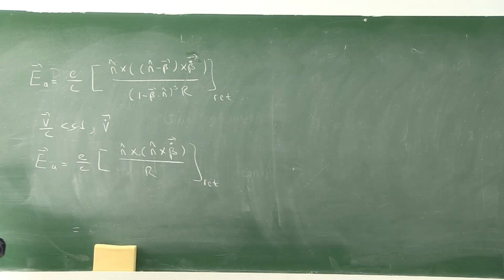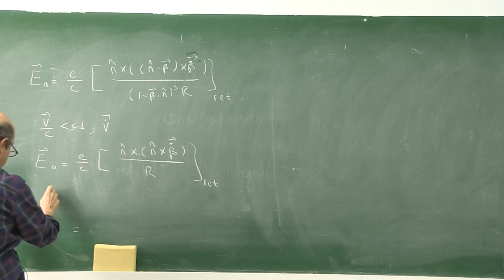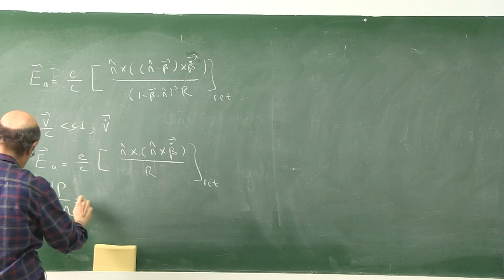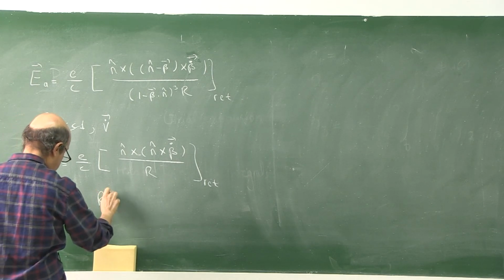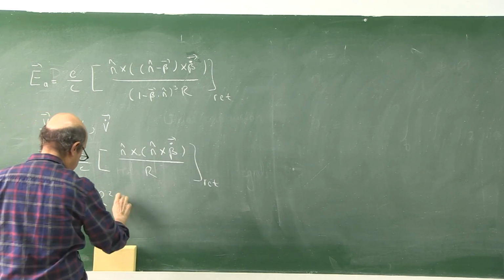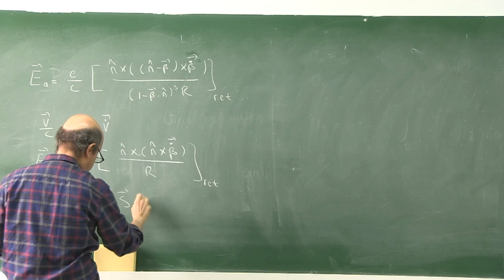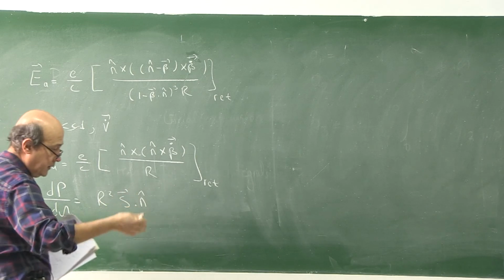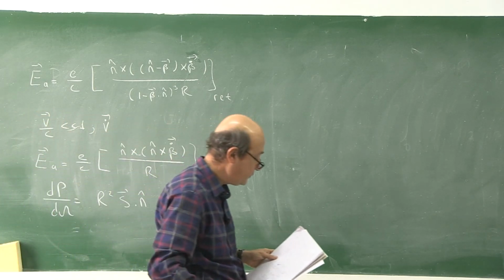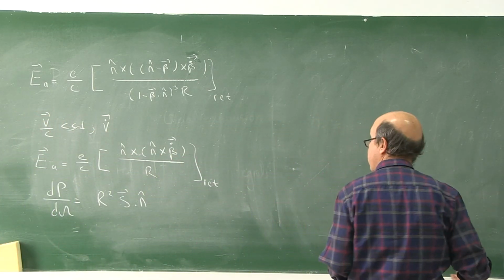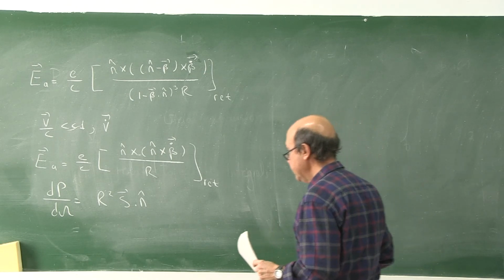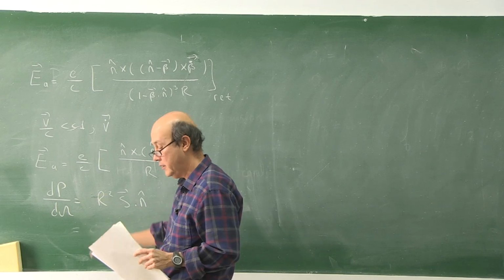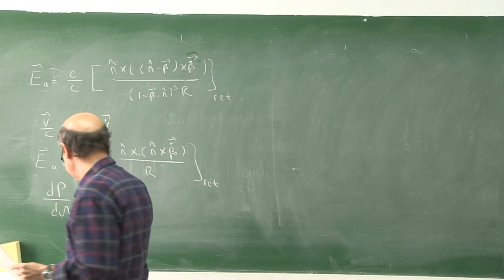And then we look at the definition of the power emitted per solid angle, that is r squared S dot n, where S is the Poynting vector. We don't have a 1 over 2 because the fields are not oscillating. For electromagnetic waves, in order to take the time average, we put in the 1 over 2 factor.